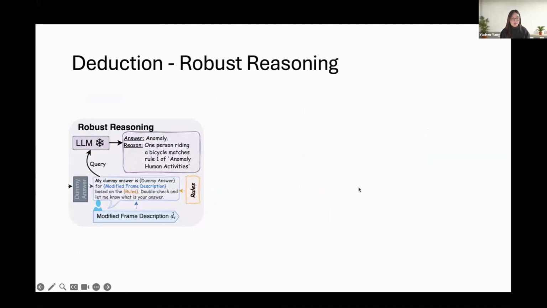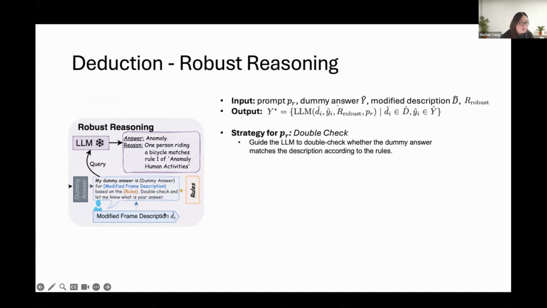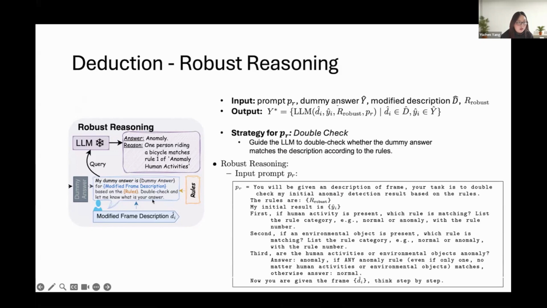Okay, so the final module is the robust reasoning. Instead of directly asking the language model to analyze the description, we add a double check strategy here. In this example, the prompt includes my dummy answer, which is what we got from the last step, the smooth prediction.